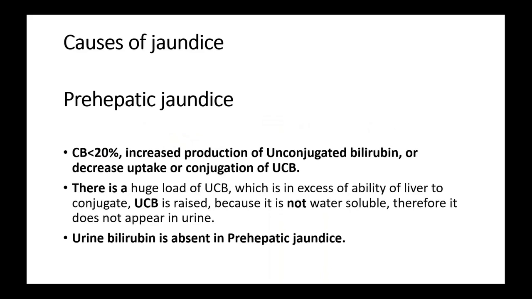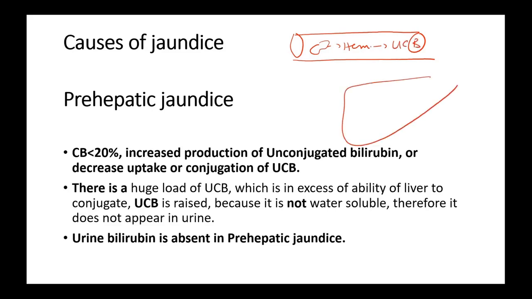Now, what is prehepatic jaundice? So we are talking about, this is blood vessel, RBC, hemolysis, and unconjugated bilirubin goes to the liver. So prehepatic, before they go to the liver, we have unconjugated bilirubinemia. So what is the cause of unconjugated hyperbilirubinemia? Excessive hemolysis. If there is increased RBC rupture, that will cause unconjugated bilirubinemia.